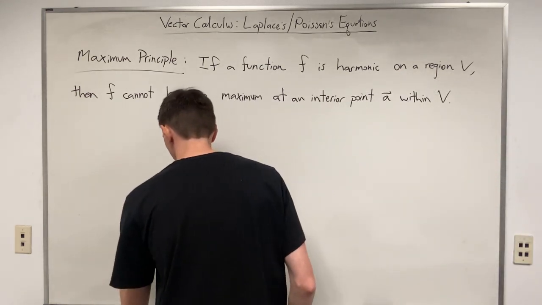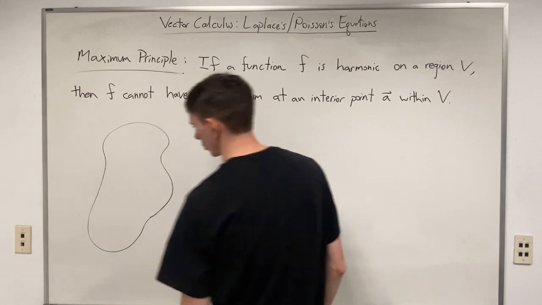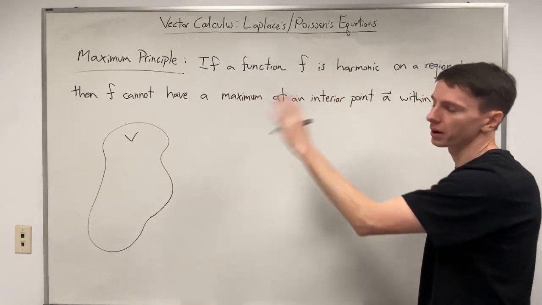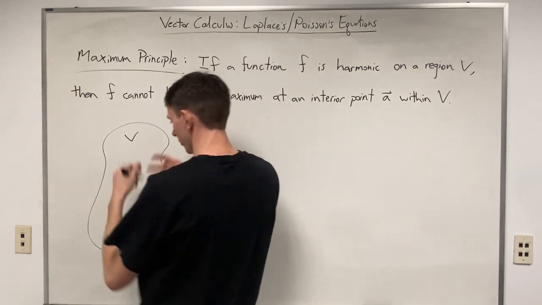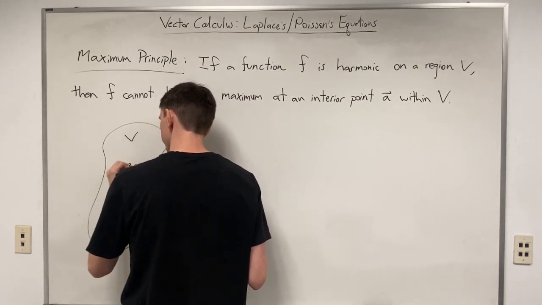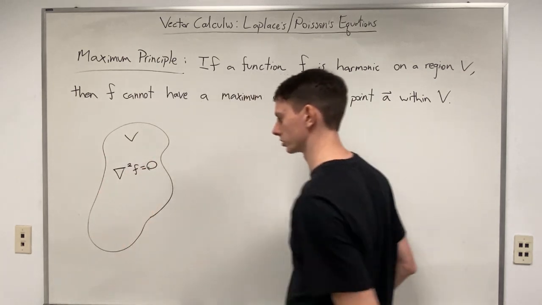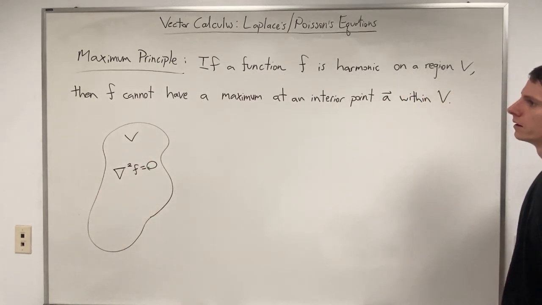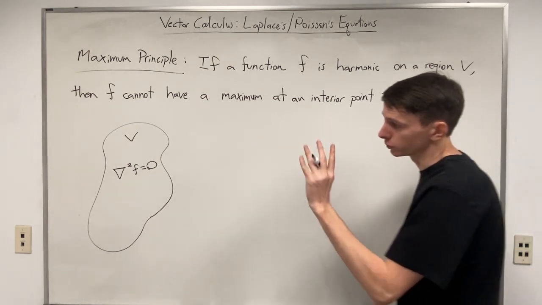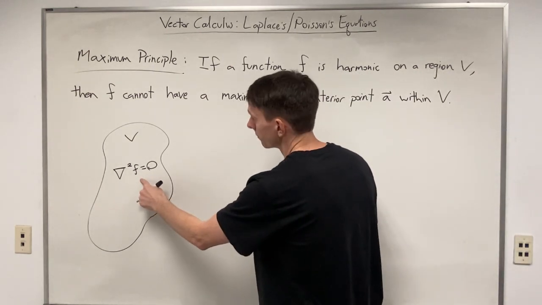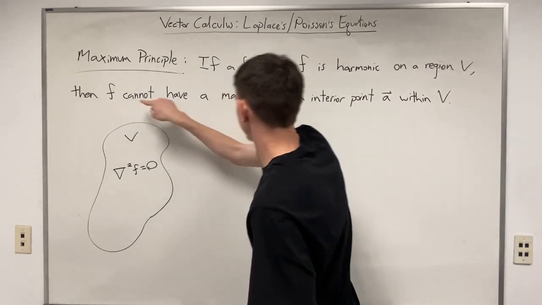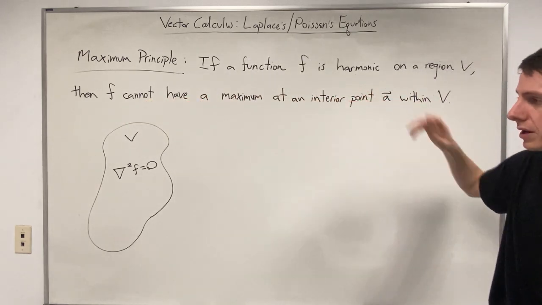So we have some region V that we're going to work within, and it says here that f is a harmonic function on this region. So that tells us that the Laplacian of f is 0. Laplace's equation is satisfied. Now, this statement is not referring to the Laplacian of f. It's referring to the function f itself. It's saying f cannot have a maximum or minimum.